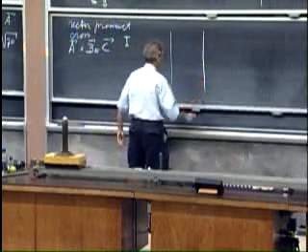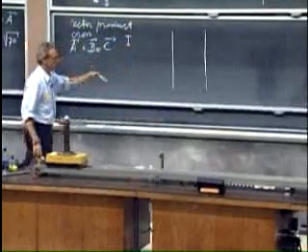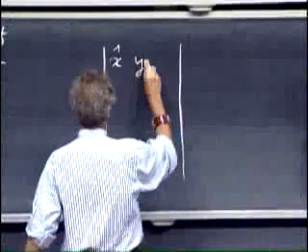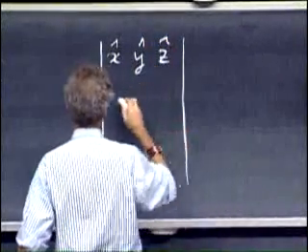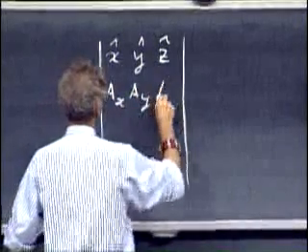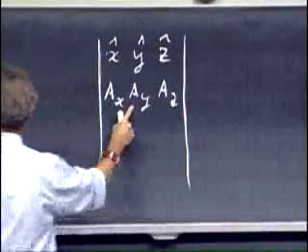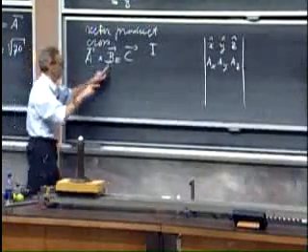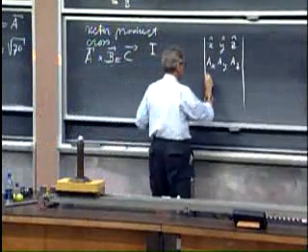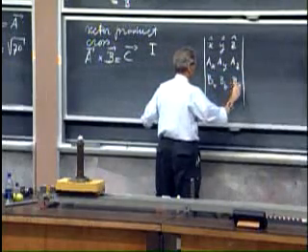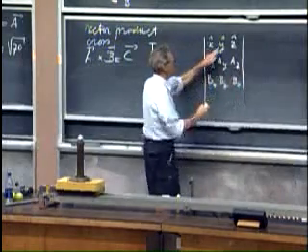You write down here a matrix with 3 rows. The first row is X roof, Y roof, Z roof. The second one is A of X, A of Y, A of Z. It's important, if A is first, that the second row must be A. And the third row is then B: B of X, B of Y, B of Z. So these 6 are numbers, and these are the unit vectors.